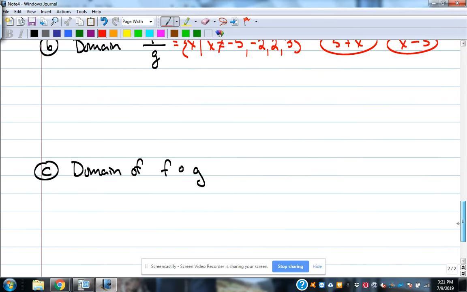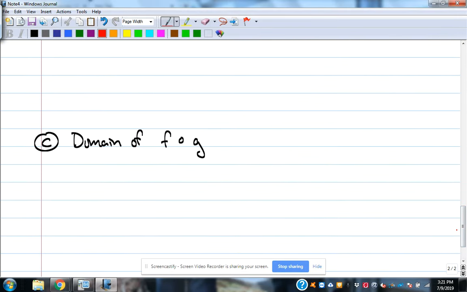The composition is a little bit more difficult, because you've got to think, okay, I'm taking this one and plugging it into that one. f of x had its domain, where x could not be equal to -2 or +2. So when we're doing composition, we're taking the g of x function and putting it in the place of x.